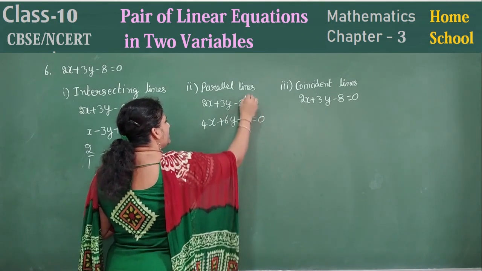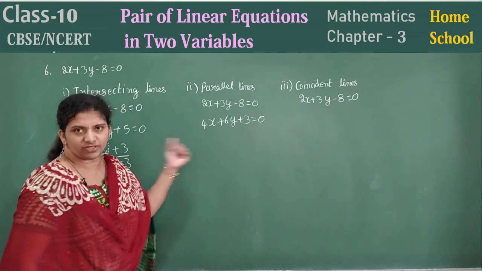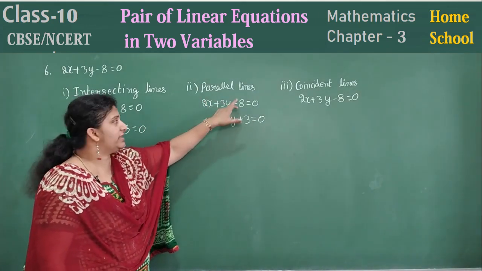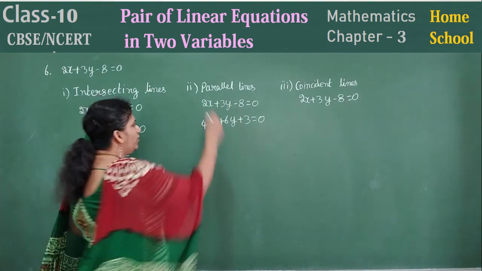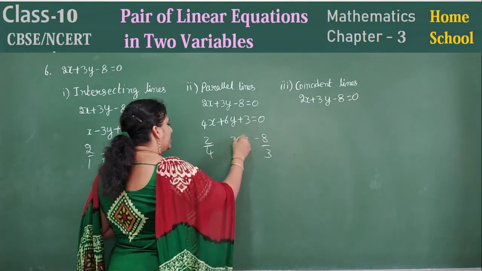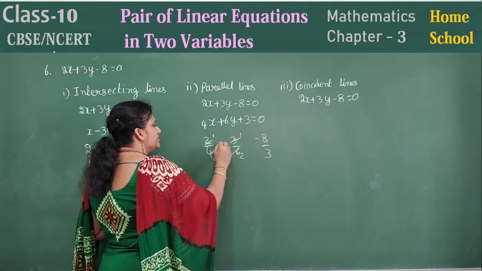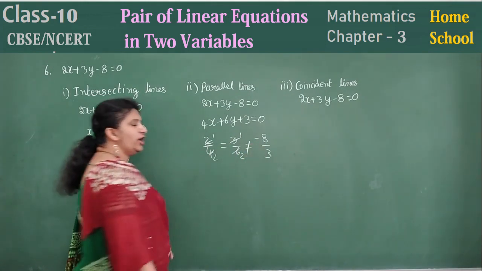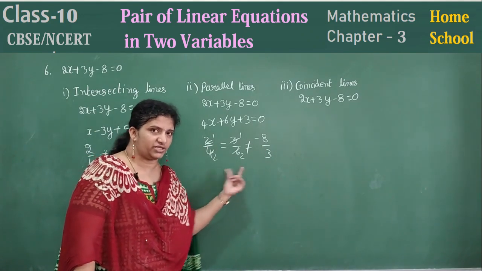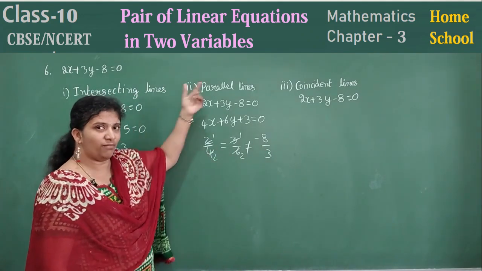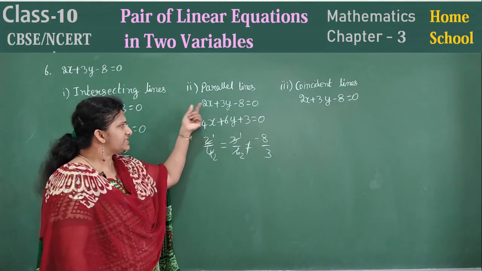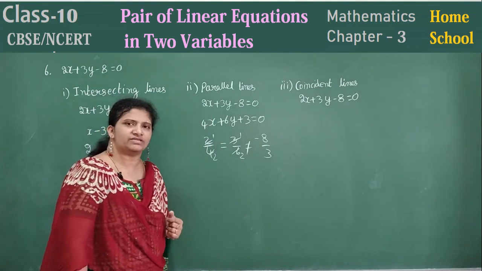Means this ratio should not match this. Look here, 2 by 4, 3 by 6, minus 8 by 3. 1 by 2, 1 by 2, these two are equal and this is not equal. A1 by A2 equal to B1 by B2 is not equal to C1 by C2. Yes, these two linear equations form parallel lines. Okay, the lines will be parallel, but you can frame another equation yourself.